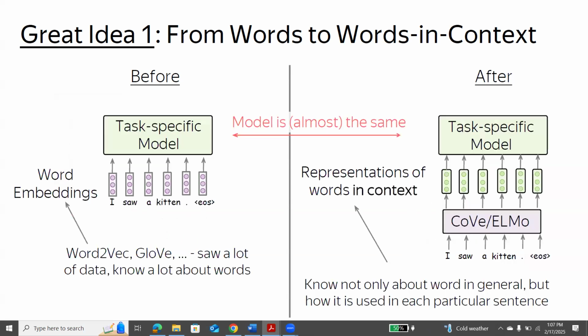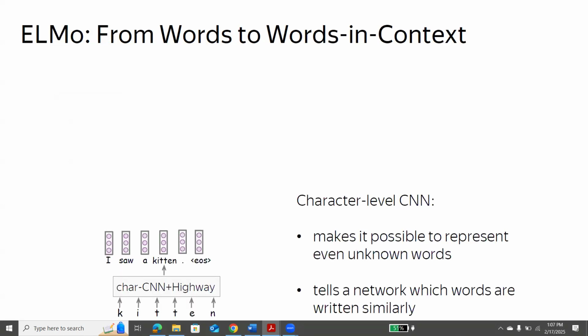So this is the pipeline: we can use general embeddings and then train a specific model, or we can use an auxiliary model that will create context-aware embeddings, and then use these context-aware embeddings in our model. This is the idea of ELMo.